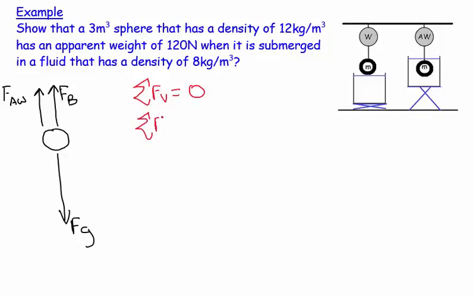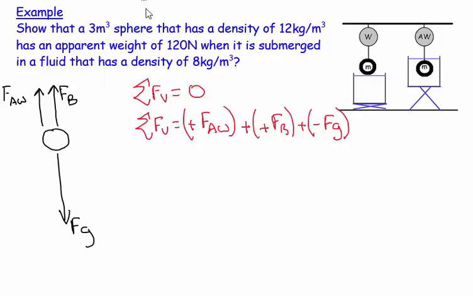And the sum of the forces vertical is equal to, looking at my diagram, a plus apparent weight, a plus buoyant force, and I add on to that a minus weight of the actual object.